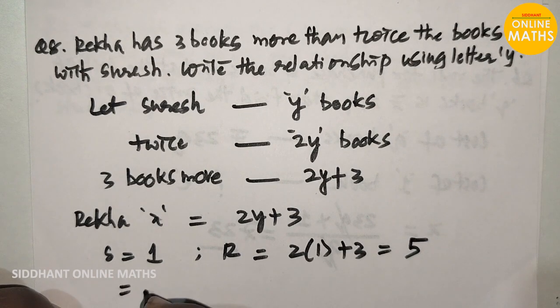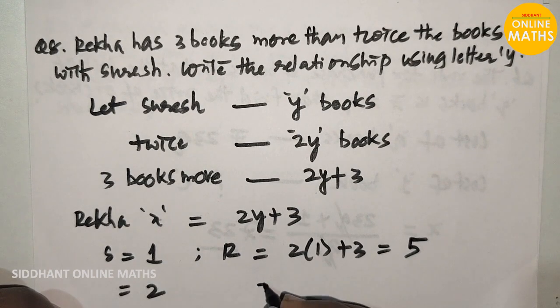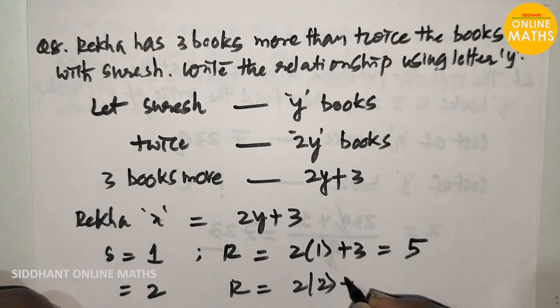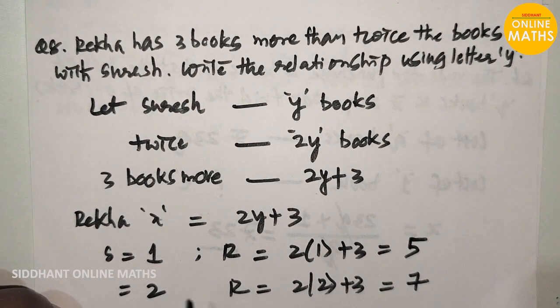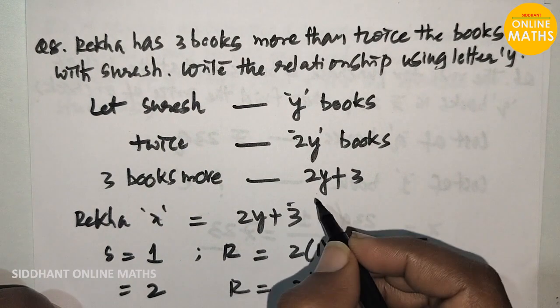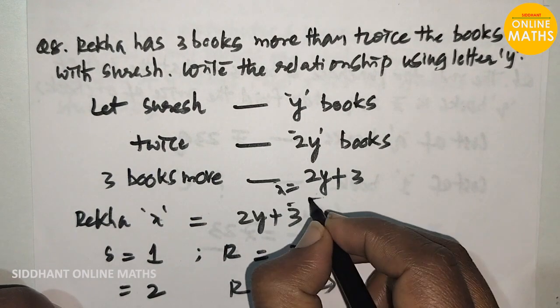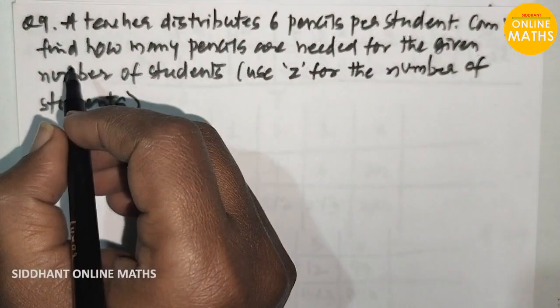If Suresh is having 2, then Rekha will be having 2 into 2 plus 3, that will be 7 books. So this is the relationship, that is x is equal to 2y plus 3.